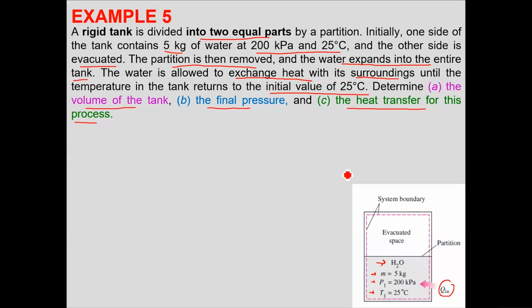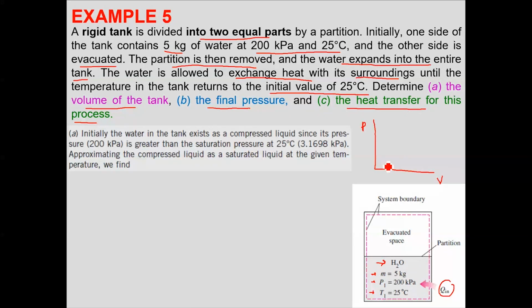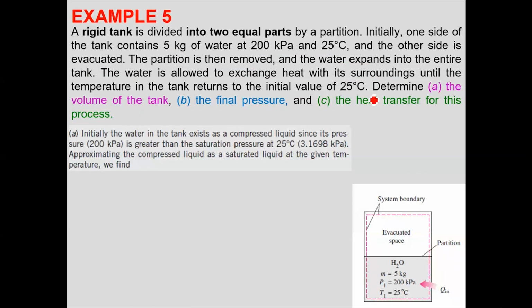For that, this is the pressure specific volume diagram, or a plot. In this plot, initially your system is at 200 kilopascal. This line is a constant temperature line of 25 degrees centigrade.